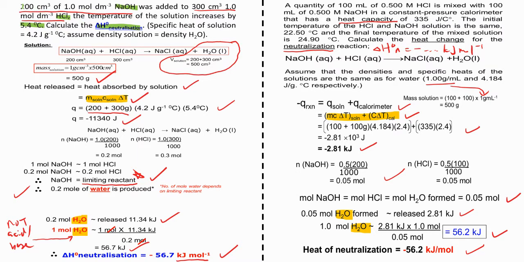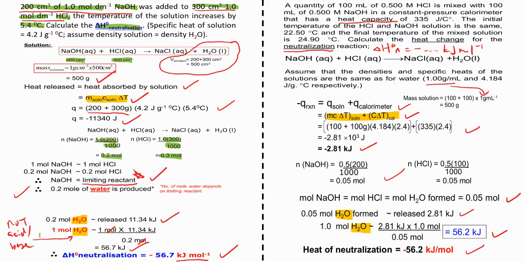First, you are given molarity and volume. You can see that the molarity is the same, but the volume is different, meaning we will have a different number of moles.